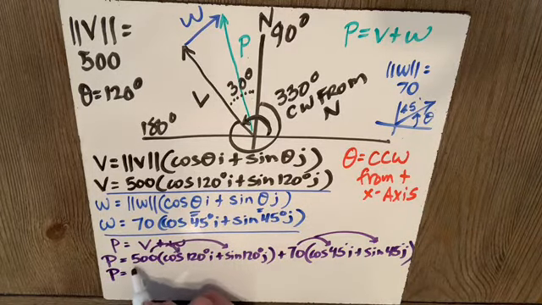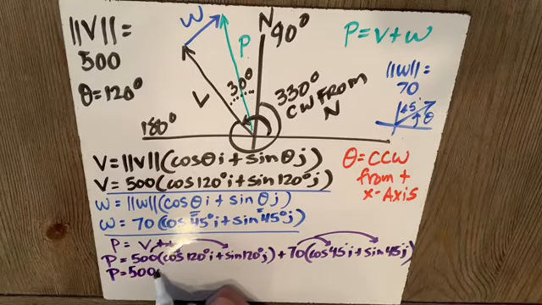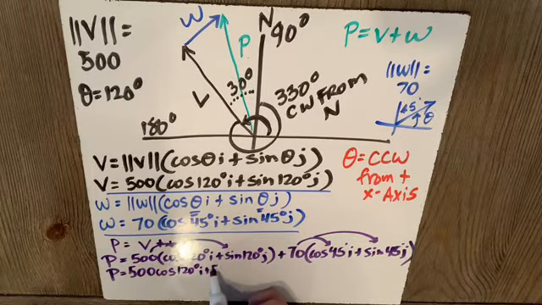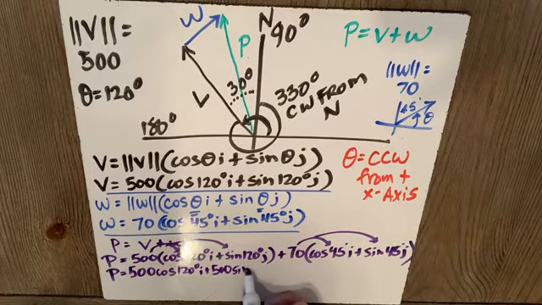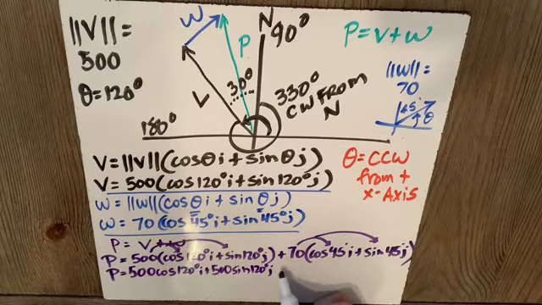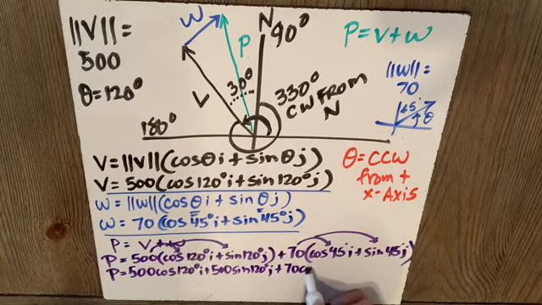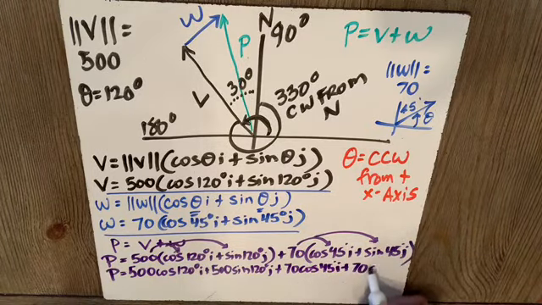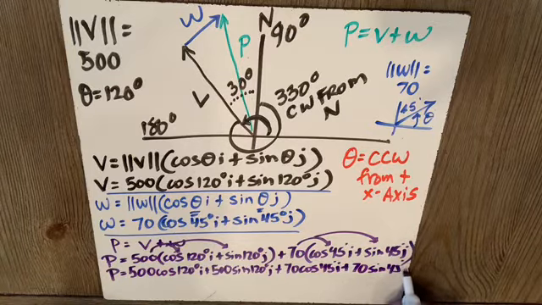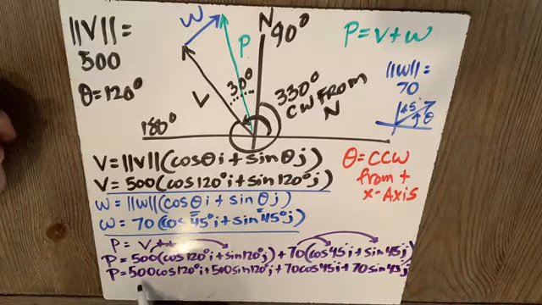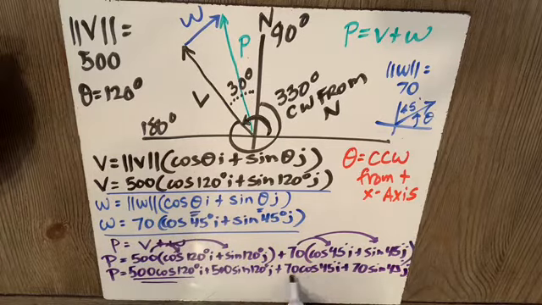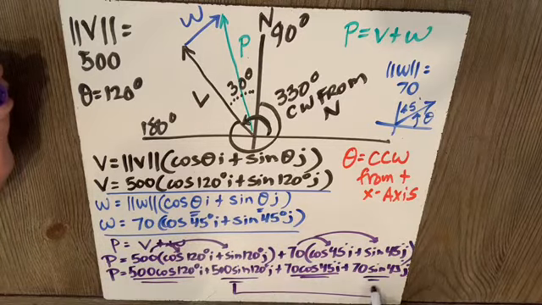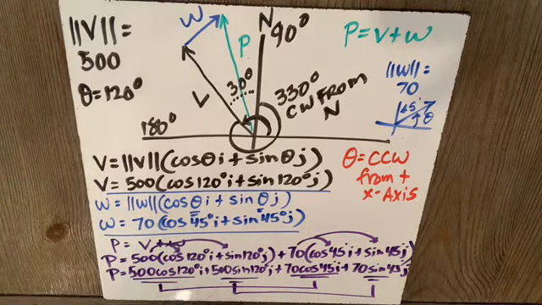So this plane vector is 500 cosine 120 I plus 500 sine 120 degrees J plus 70 cosine 45 degrees I plus 70 sine 45 degrees J. Now look what I have. I have my I's here and my J's here. I'm going to add these I's up and add these J's up.